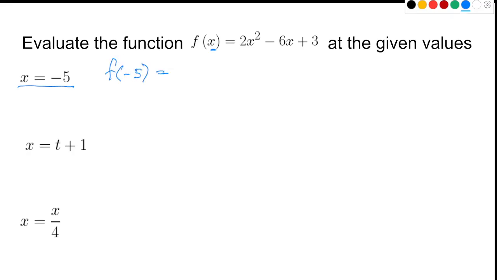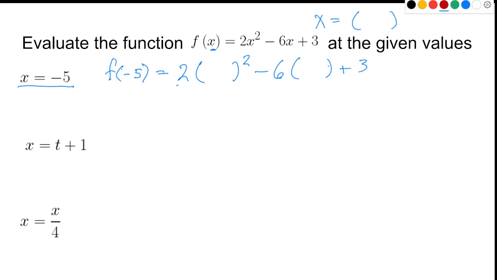And when I rewrite this equation, what I'm going to do is replace that x with a new symbol, just a big open parentheses, because that's a nice place to put an input. So we get 2 big parentheses squared minus 6 big parentheses, and notice I'm just writing a different symbol for x.